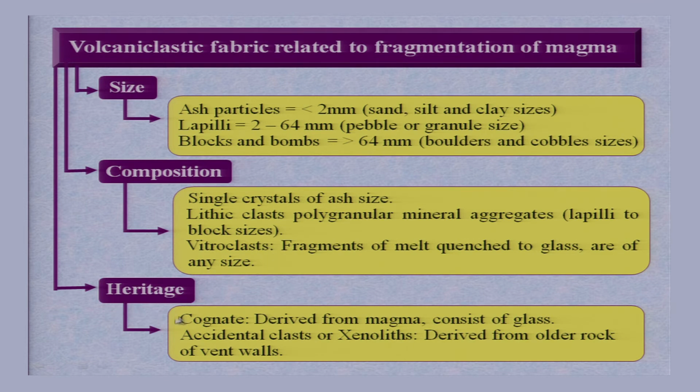The last one is heritage. Cognate: derived from the magma, consists of glass. If the volcanoclast you are looking at is derived from the magma and consists of glass, then the term cognate is used. Accidental clast has nothing to do with the volcano, but suddenly external material or rock from an unknown source falls into the magma and gives rise to accidental clast.